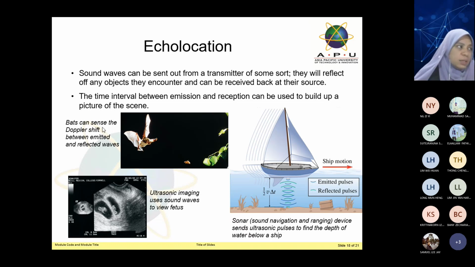Bats can sense the Doppler shift between emitted and reflected waves. Other than that, ultrasonic imaging uses sound waves to view a fetus; we call it ultrasound. Another one is sonar. Sound navigation and ranging devices send ultrasonic pulses to find the depth of water below a ship.